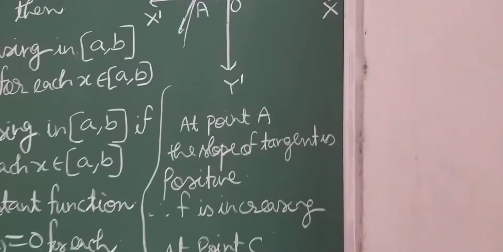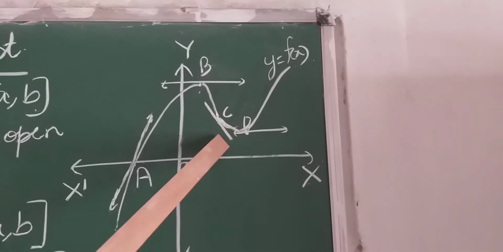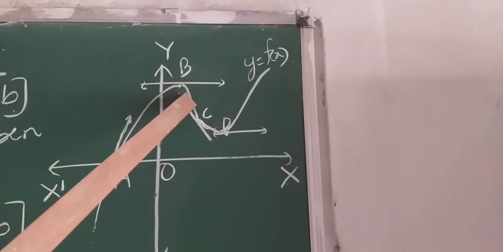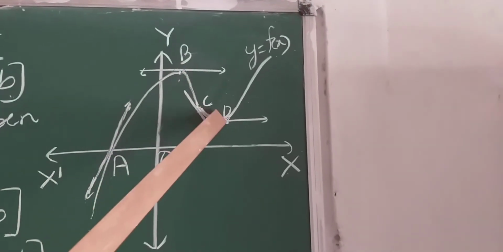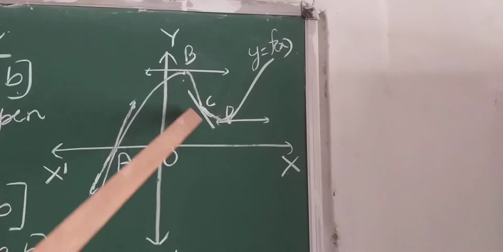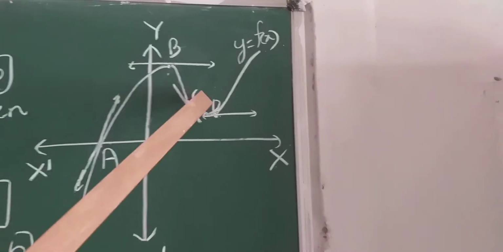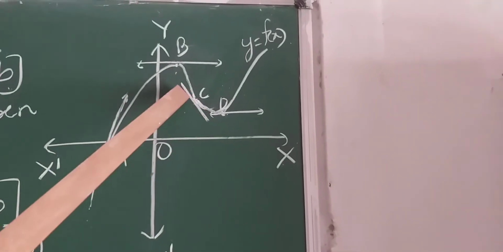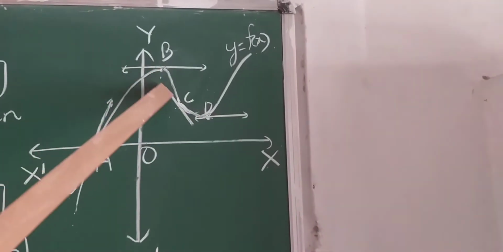Okay students, now you can see at point C the curve of the graph of the function is coming down. When the value of x is increasing, the value of y is decreasing, students, and the slope of the tangent at C is negative because it is coming down.